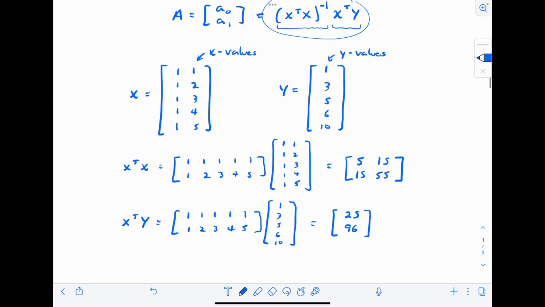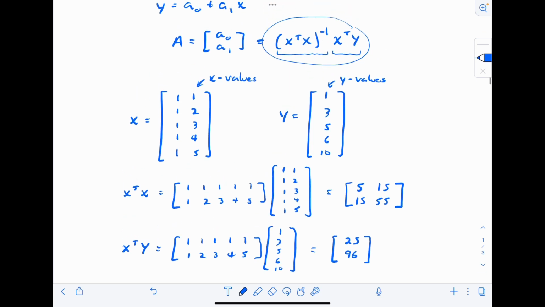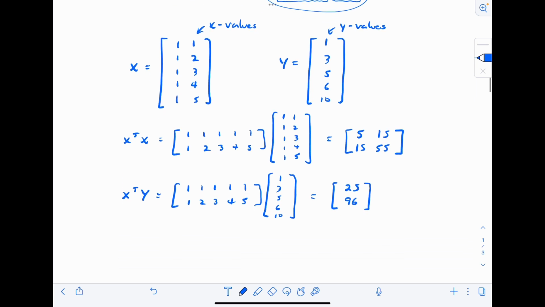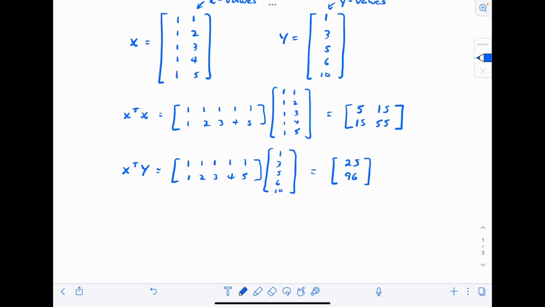All right, so we have everything except for the inverse of that first matrix that we found. But I think we can do this all in one fell swoop. I think I'm going to go right to the end here.